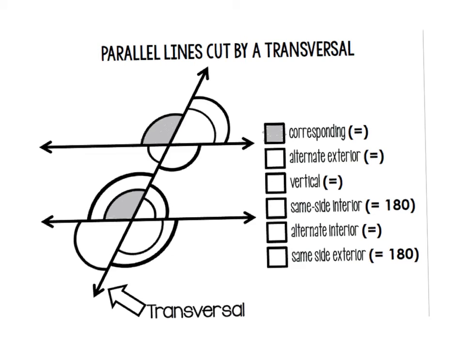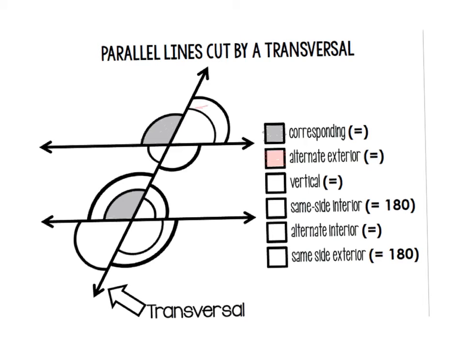My next one will be alternate exterior. So interior means inside the parallel lines. Alternate means on opposite sides of the... did I say interior? Exterior. Alternate exterior. Sorry about that. But alternate means on different sides of the transversal. Exterior means outside the parallel lines.